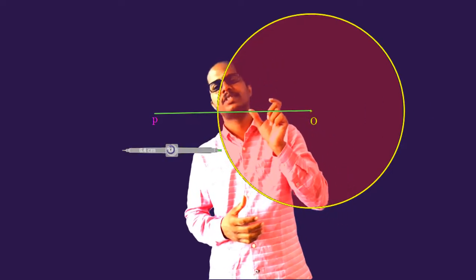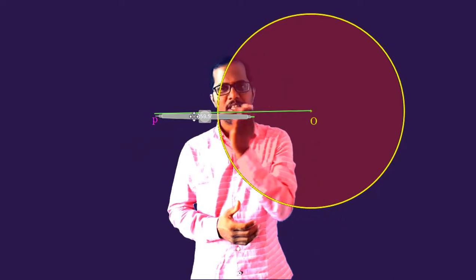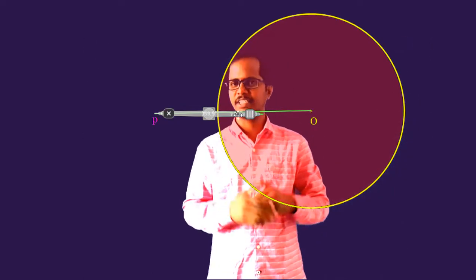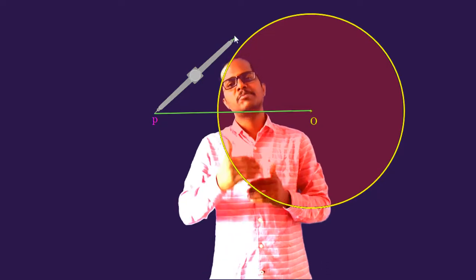First, we need to take a radius on the compass more than half of the length of OP. The length of OP is 10 centimeters, and half of 10 centimeters is 5 centimeters. So we have to take more than 5 centimeters radius on the compass.